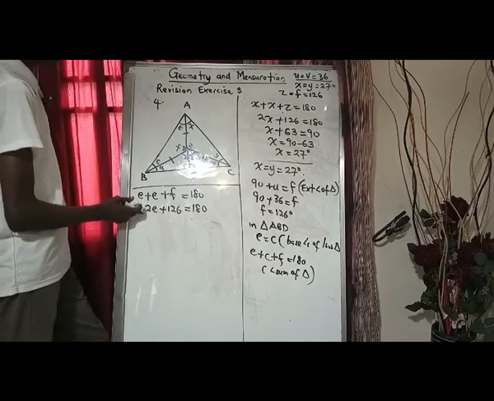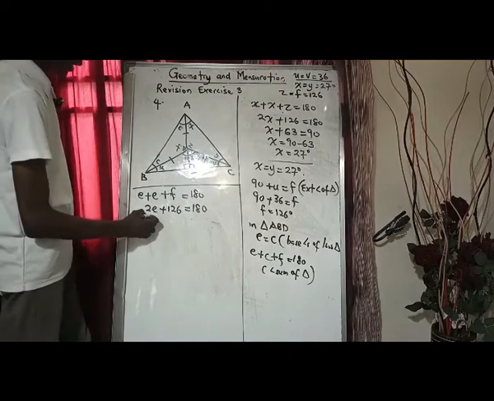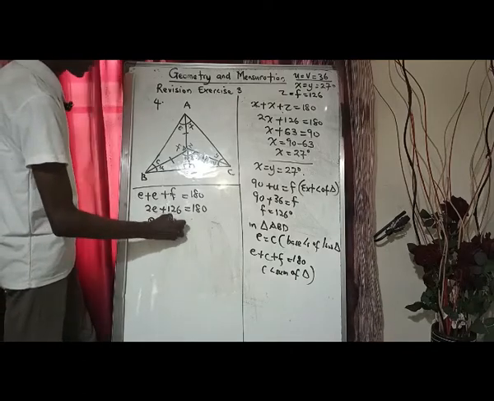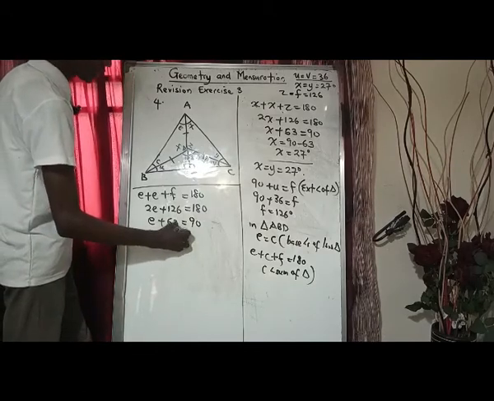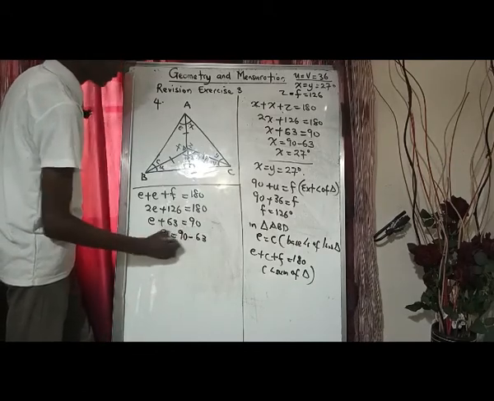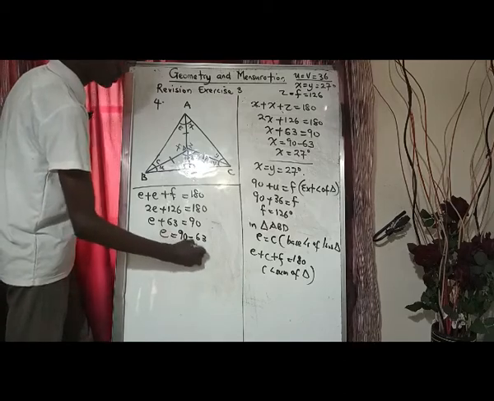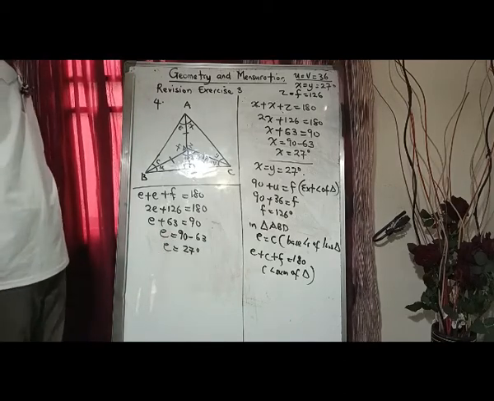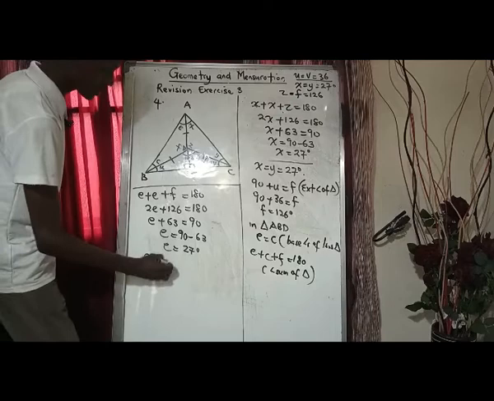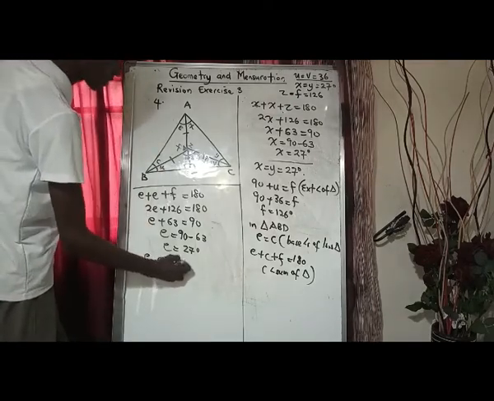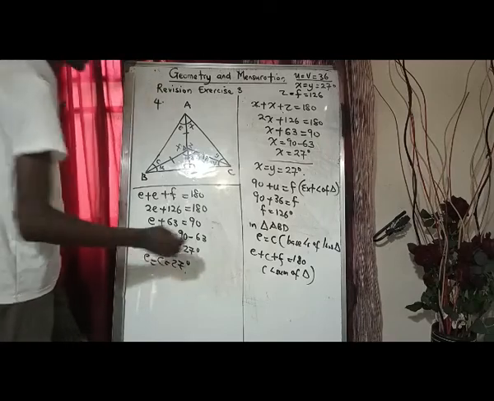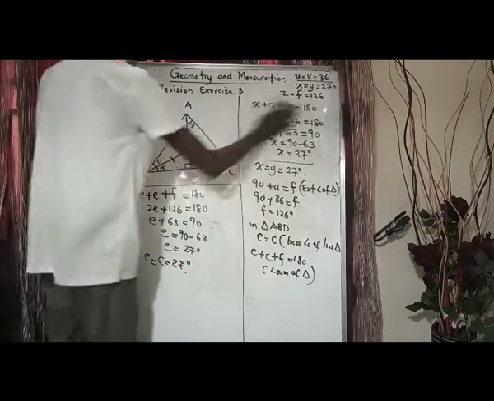And that means that applying that same technique, E plus 63 will be equal to 90, meaning that E will be equal to what? 90 minus 63, and E will be equal to 27 degrees. So E is 27 degrees. So if E is equal to 27 degrees, it means that C will also be what? 27 degrees.